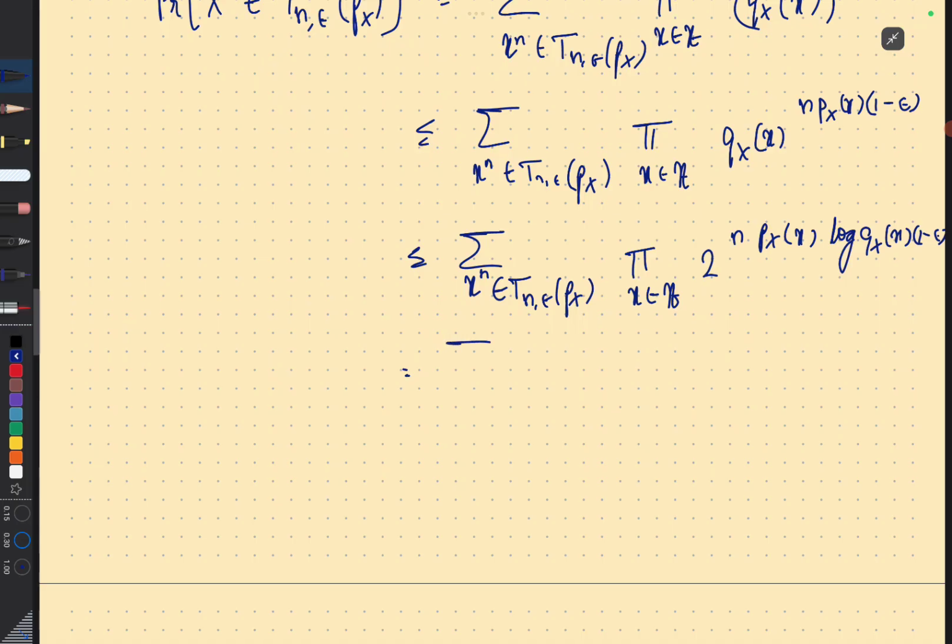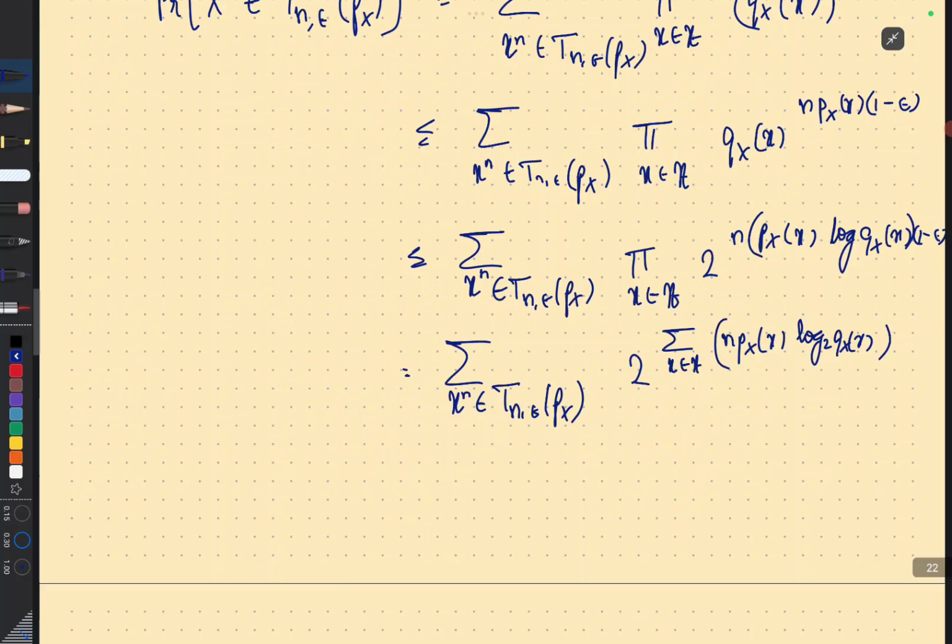So this is equal to the sum of p_X times 2 to the power summation over all x of n p_X(x) log. Oh no, it's not inside the log, it's outside the log. Times 1 minus epsilon. Okay.